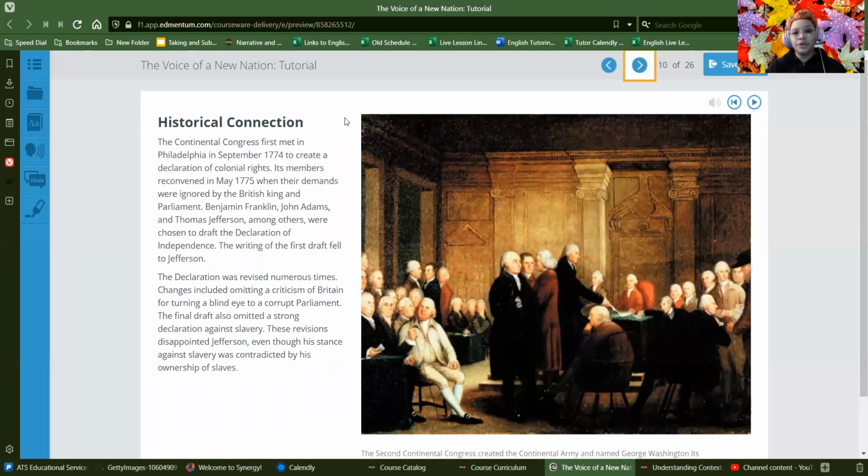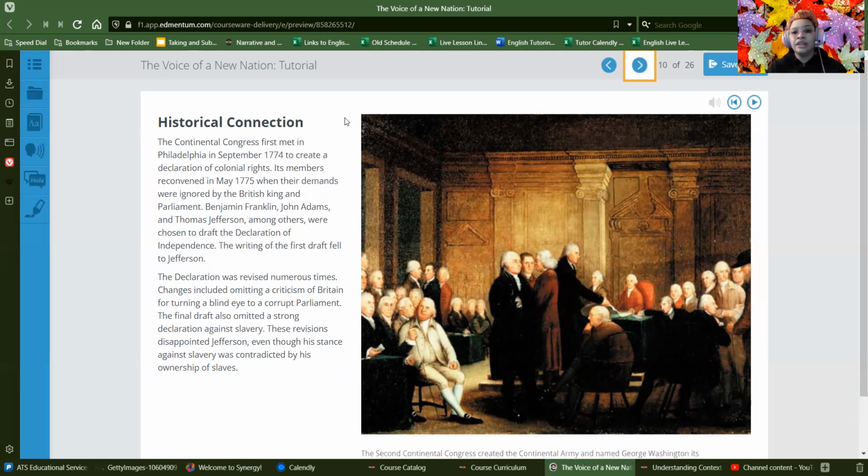So they give you a little historical background about the Declaration of Independence. Now, the long story short is that the Continental Congress met in 1774 so that they could actually come together and say, hey, here are the rights that we have as colonial states. They sent something off to the British king basically saying, hey, here are our demands, and they were ignored.